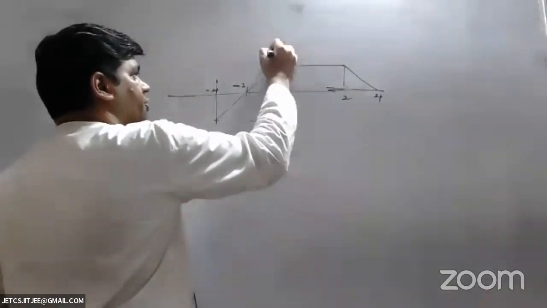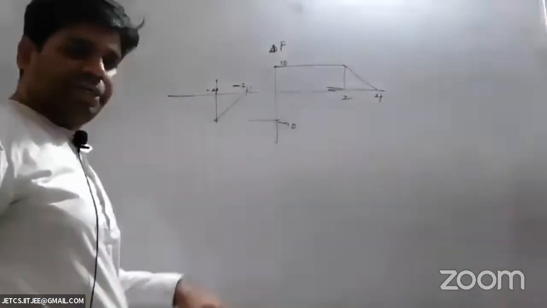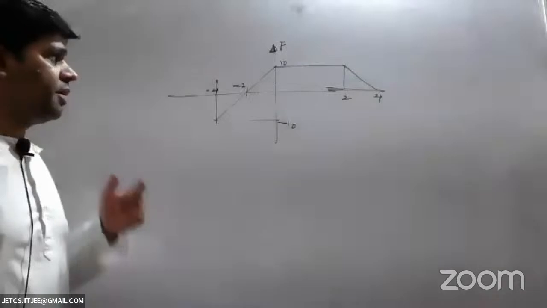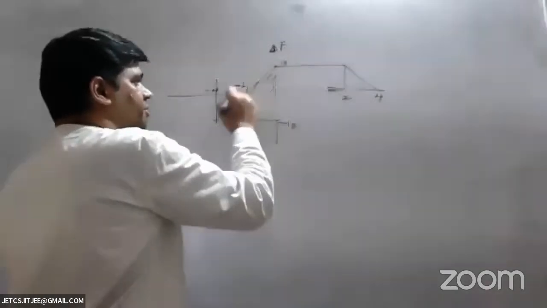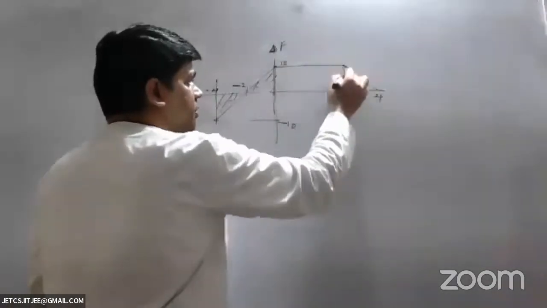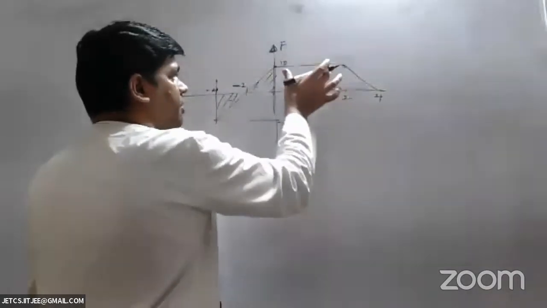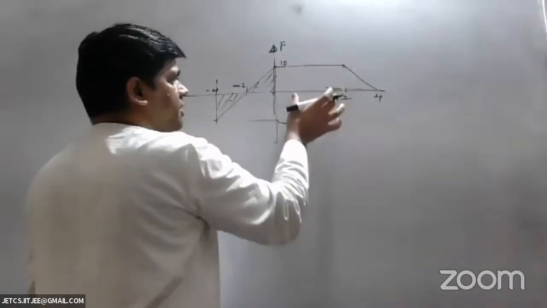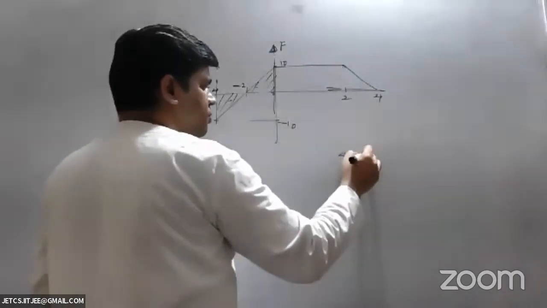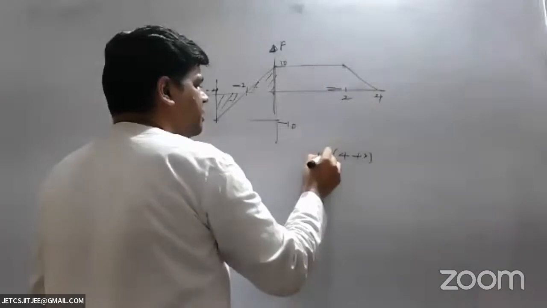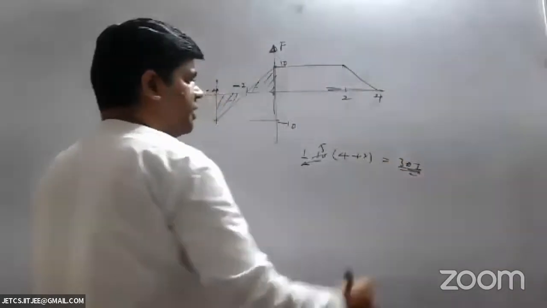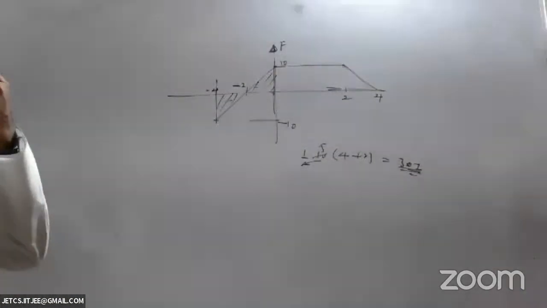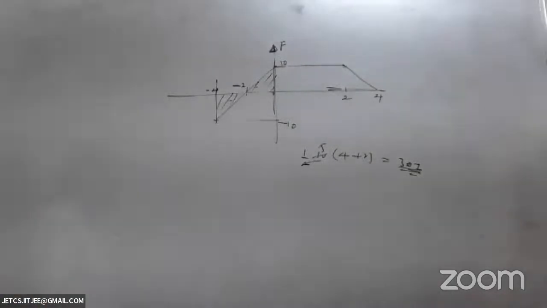And this is an F-x graph. So how do you do it? Will I write equations and then integrate? You can do it that way too, but it's time-taking. All right. So what I'll do is find the area under the graph. This area is 0, so I won't calculate up to here. I'll just calculate the area of this trapezium. The two parallel sides are 4 and 2, and the distance between them is 10. So 4 plus 2, sum of the sides, times 10, half of that, 5 times 6, is 30. 30 joules is the work done. Is it correct? Just check. My math could be wrong. Yes, sir, it is correct. All right.